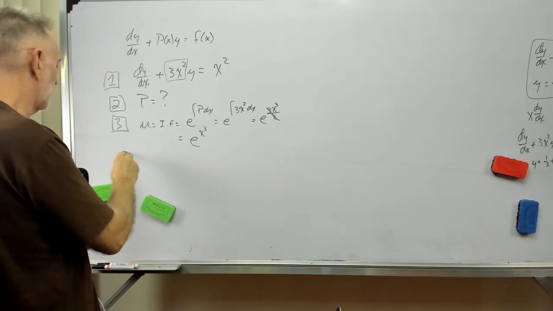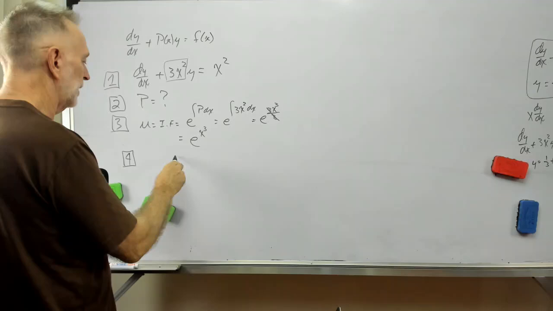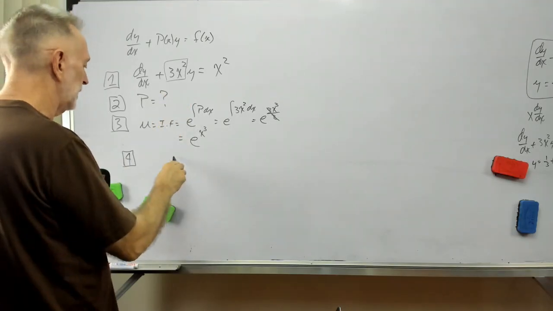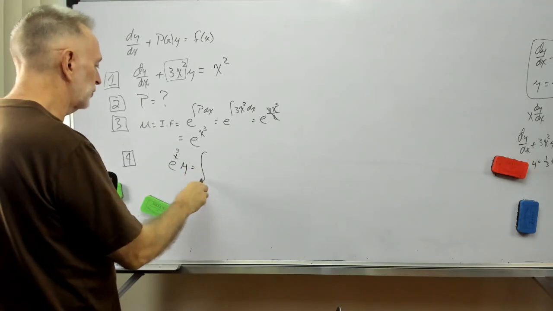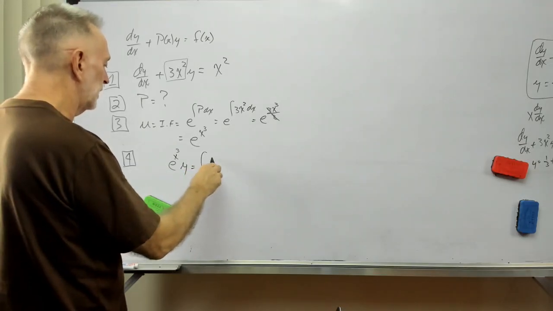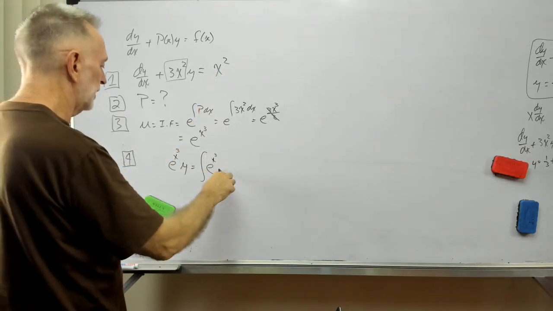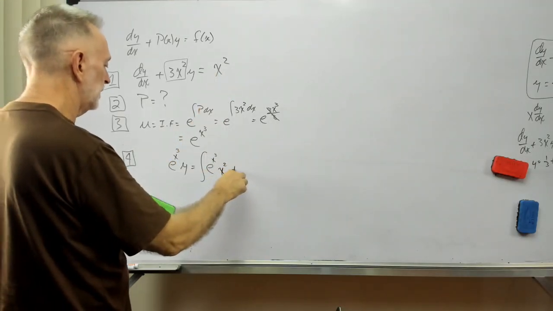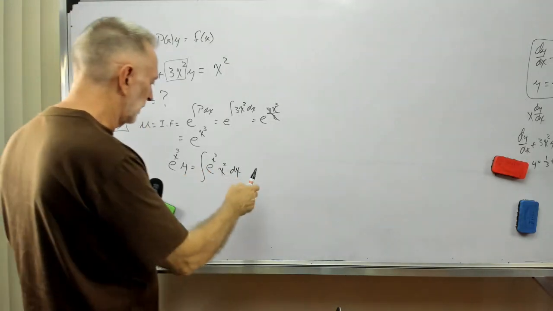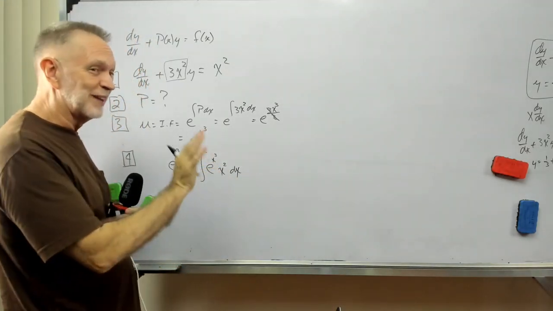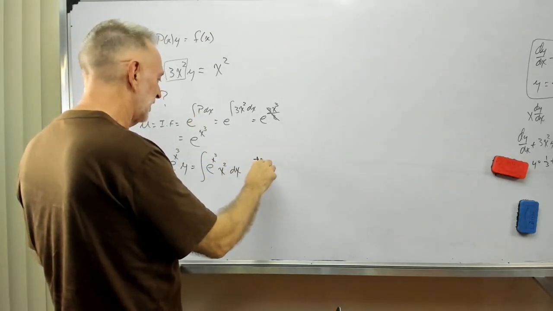Now, step four, I can multiply that integrating factor times y, and that equals the integral of that integrating factor times f of x, which in this case was x squared dx. This is where I have to be careful with the e to the u du. Let's let x cubed equal t.